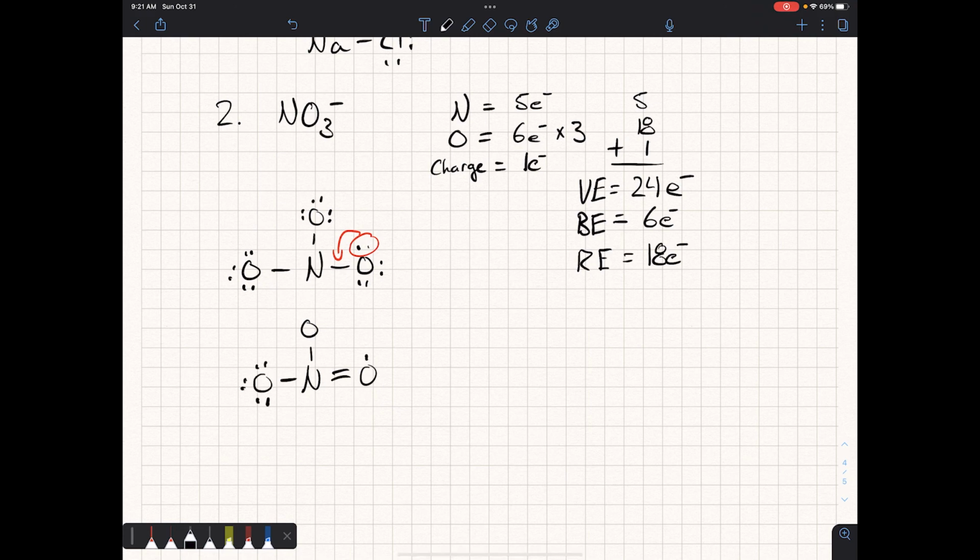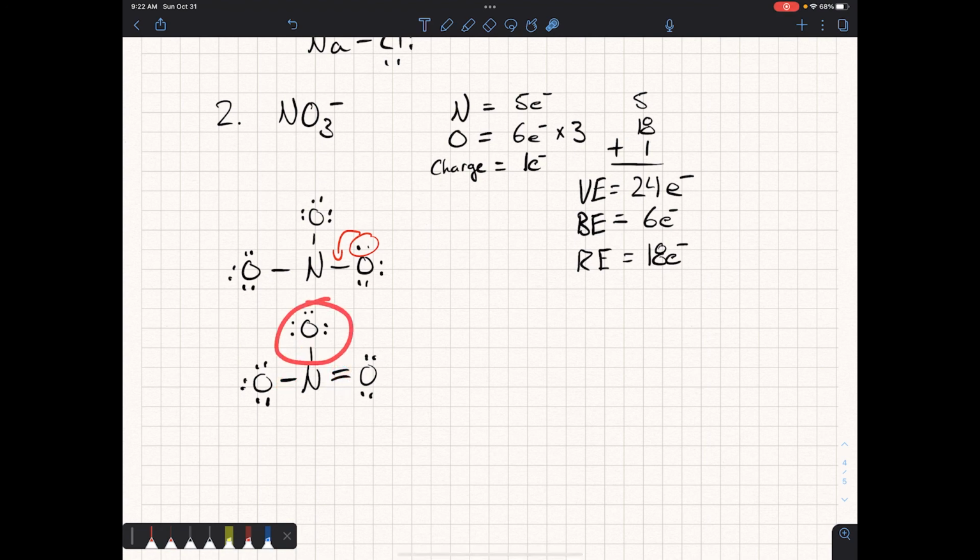And because the electrons in the bonds are shared, this oxygen didn't lose those 2 electrons. It just now has 2, 4, 6, 8. And we can now count this extra bond in nitrogen's electrons. So 2, 4, 6, 8.